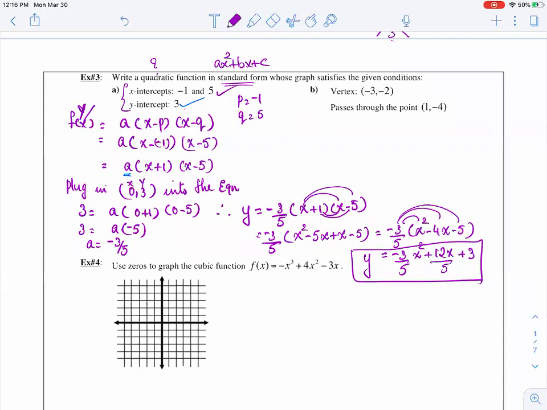Okay, can you guys go over the example one more time, see if you understood every step? Okay, can we move on to the next one?